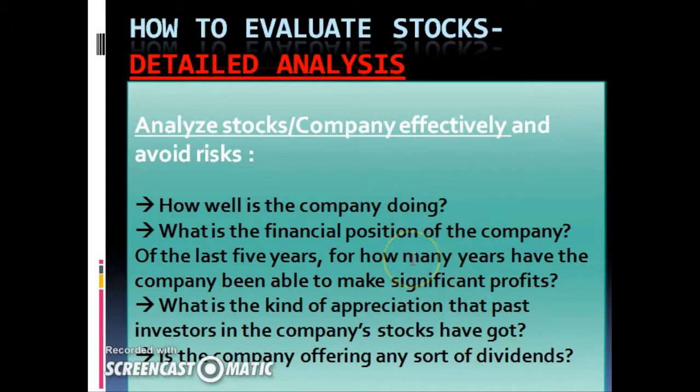Once the profit is more and more with the company, obviously it's going to have more share value. But apart from that, it's going to have its own investment, its own capital, because they are having significant profits. And if they are having significant profit, then of course they are going to give you better returns on the investment that you have made.